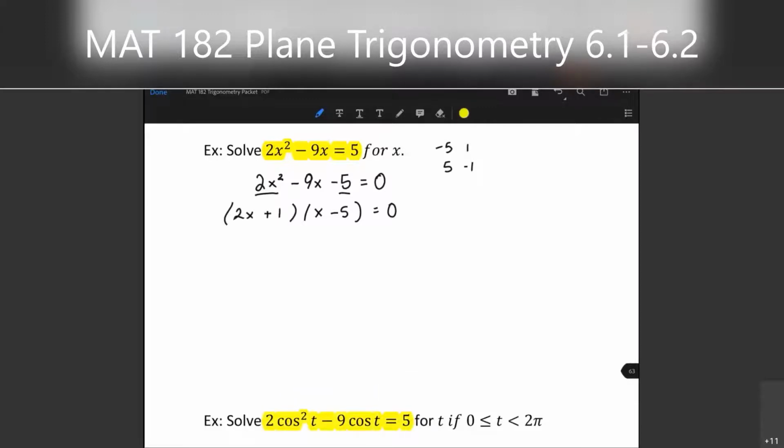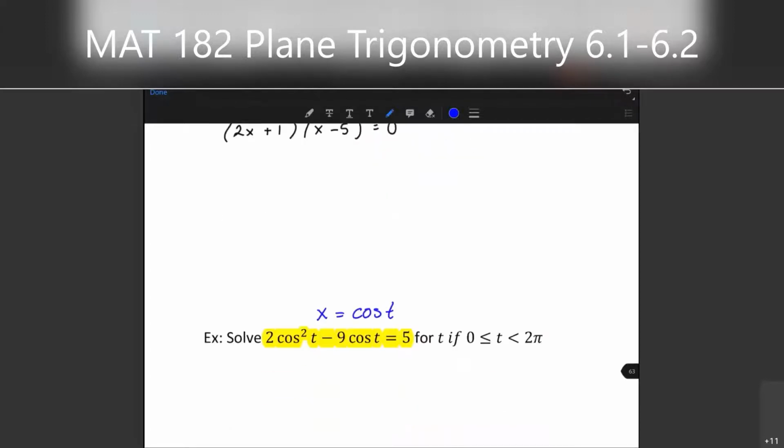This is really similar, except the only thing that changed is that x is now cosine t. So in this case, x is equal to cosine t. We're going to be working with this quadratic in terms of a cosine function. Just like we factored the regular quadratic on the top problem, we can do that same factoring on the bottom, but now using cosine t in place of x.